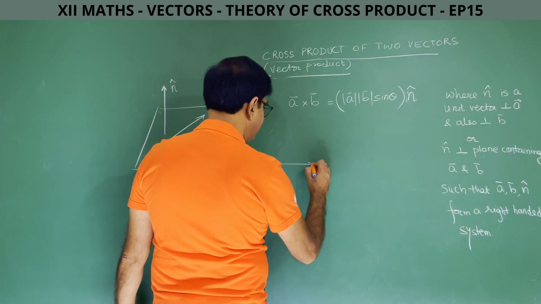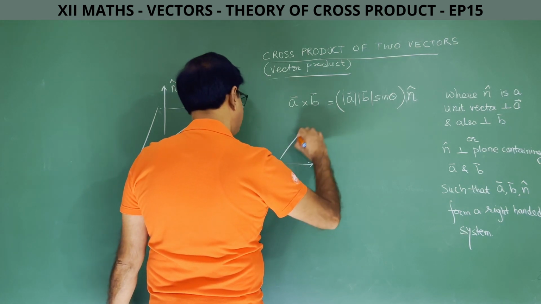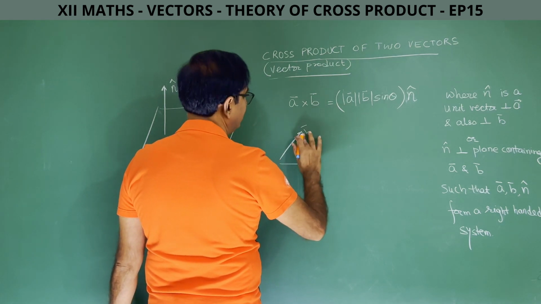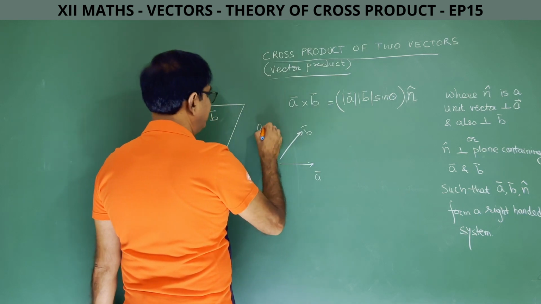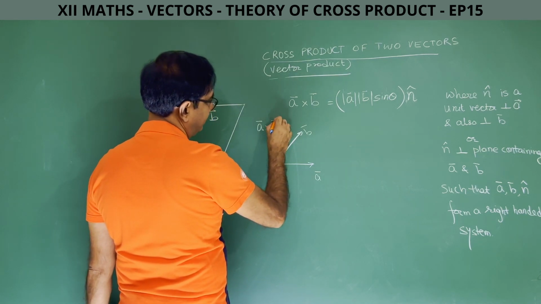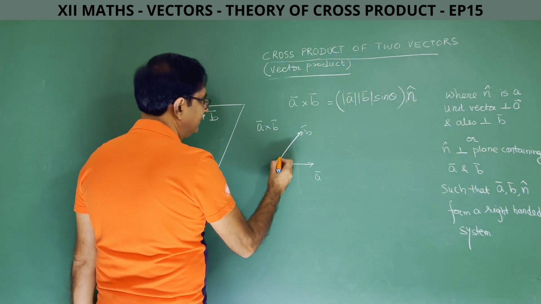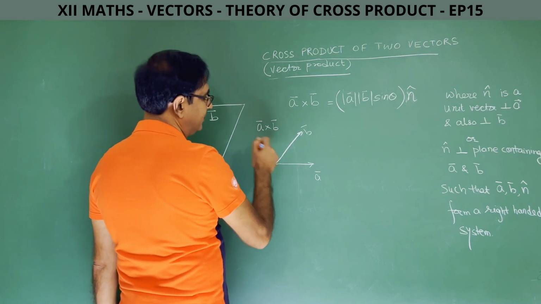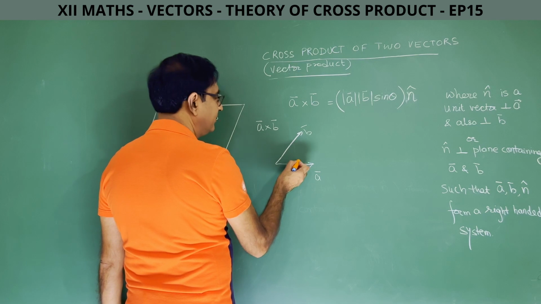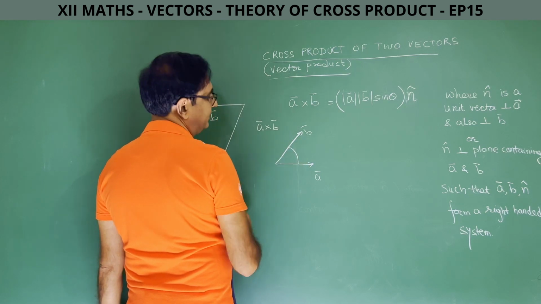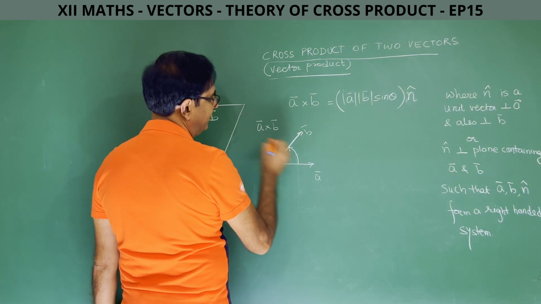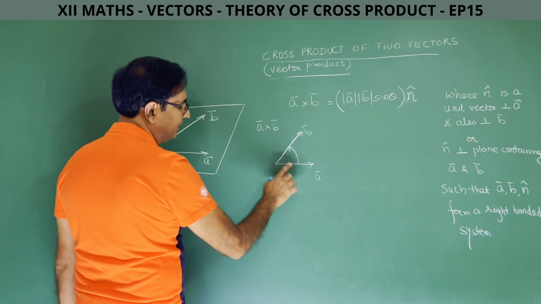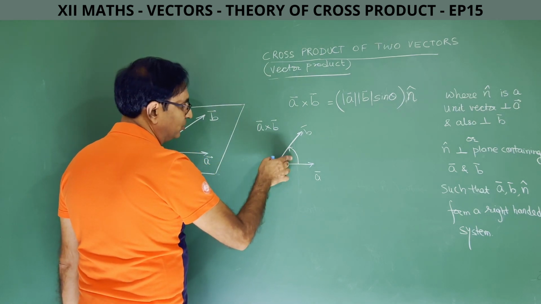So see here, this is vector A, this is vector B. Alright, if I am doing A cross B, okay, so let me make them touching here. So you will start from A, go like this and stop at B, not like this, alright, because the angle between vectors is not more than 180 degrees.